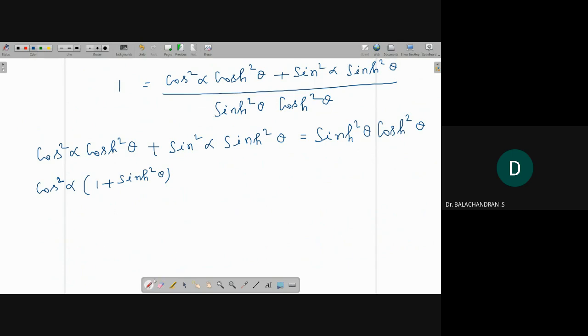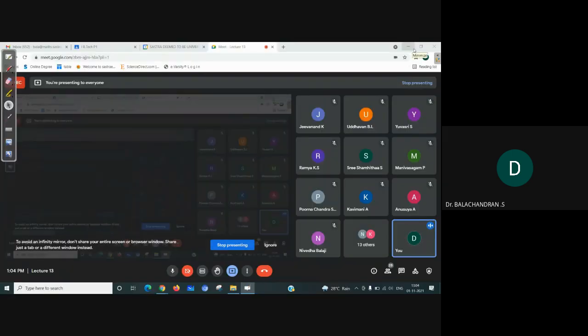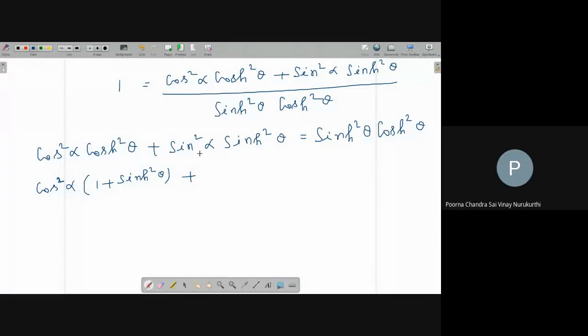I know that the time exceeds 1 o'clock, but I will finish here. Now, what about sin square alpha? We should keep or we should convert? We should convert, because I don't have sin square alpha in the final answer.